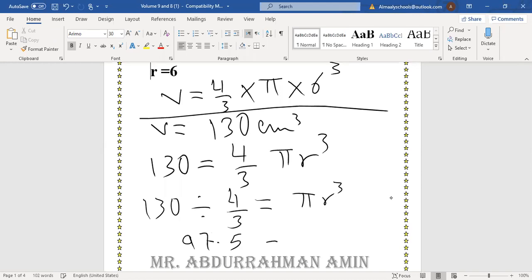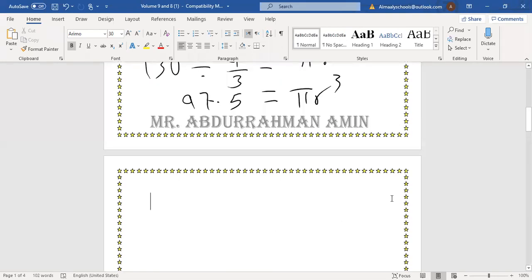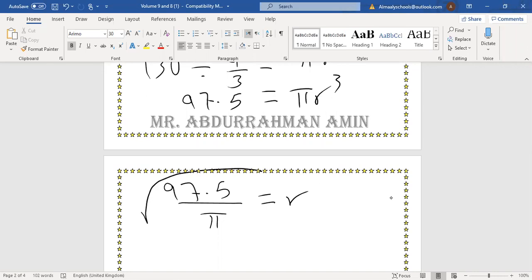And then we send pi to the other side. It will be 97.5 divided by pi. And directly we can find the cubic root of 97.5 over pi, and this will give me the length of the radius. Any problem?